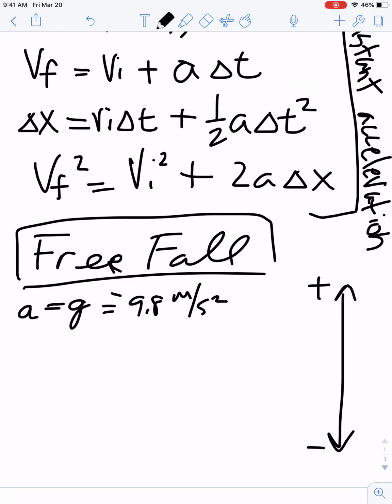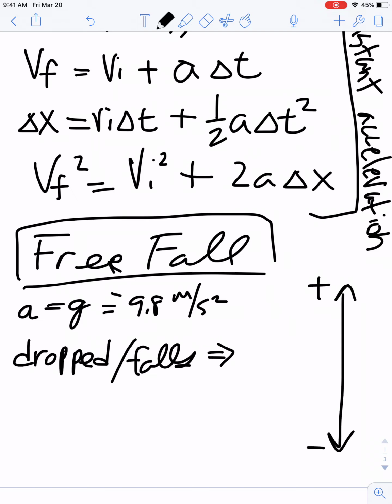So the first thing is if an object is dropped or if the object falls, right? Then that tells you something about that object's initial state, and it tells you that the initial velocity is 0, okay? So if an object falls from rest, or is dropped, then the initial velocity is 0, and so I'll also put the words from rest in here, because you saw that more with your kinematics.